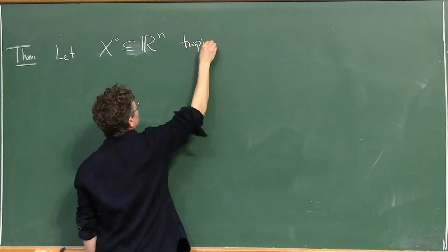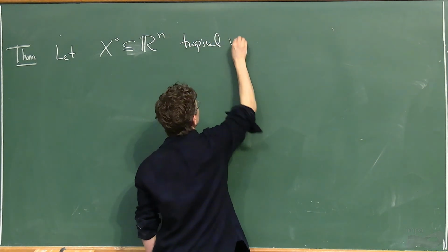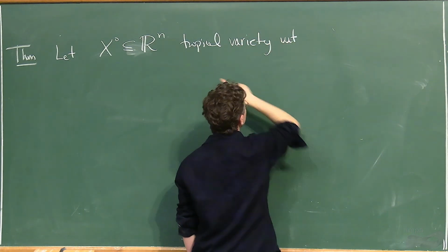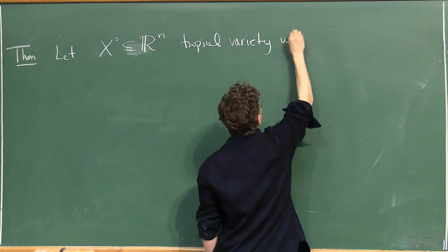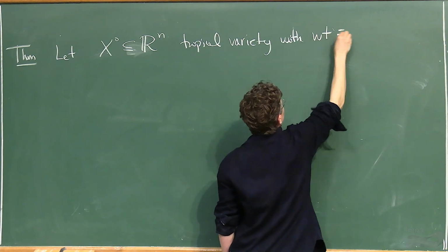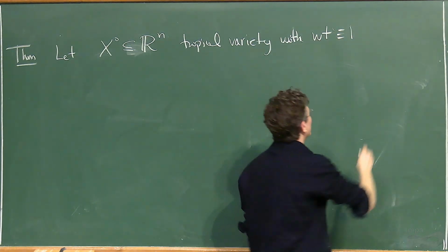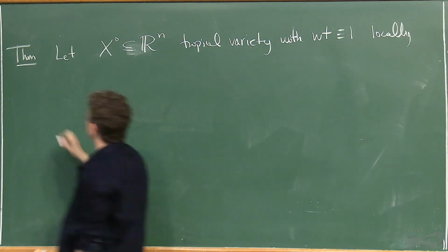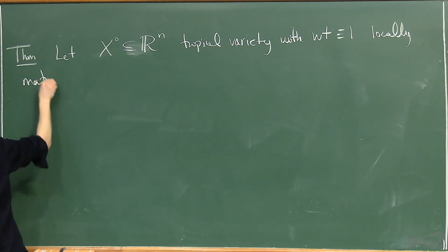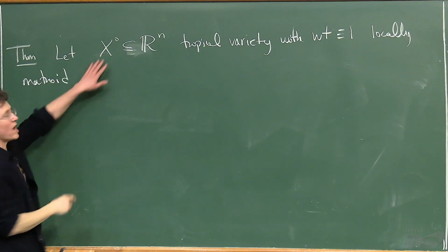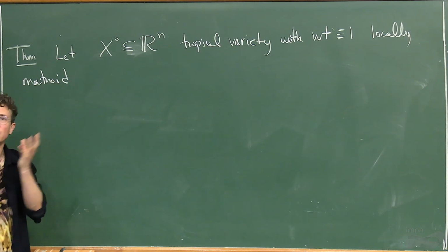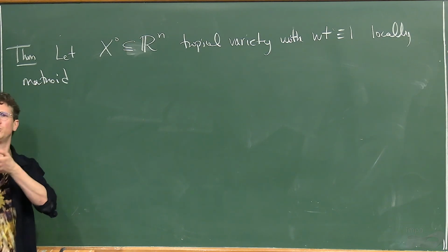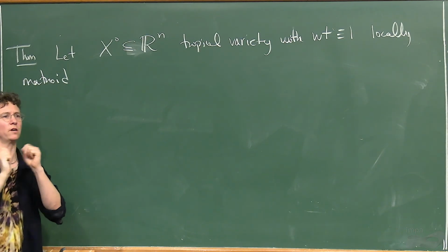So that means that it's the support of a rational polyhedral complex with a weight function everywhere equal to 1. And we want it to be locally matroidal. So that means every star fan, every stratum of this space, if I zoom in and look at just what's happening around it, is going to be the support of a matroid fan up to some GL_n(Z). I don't really care about changing coordinates. Okay?